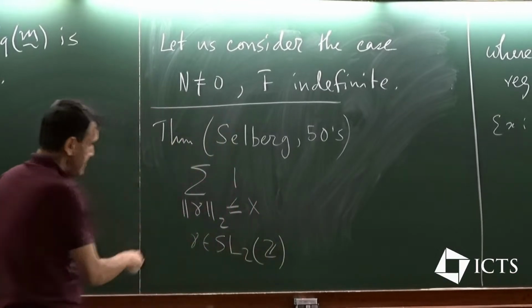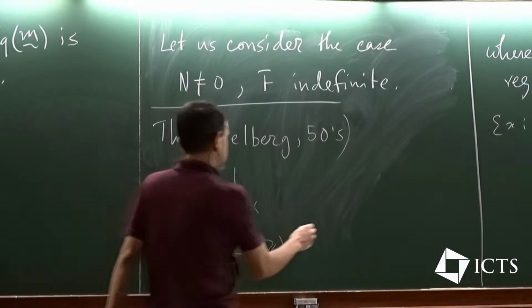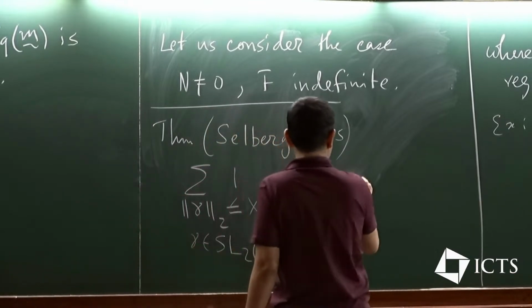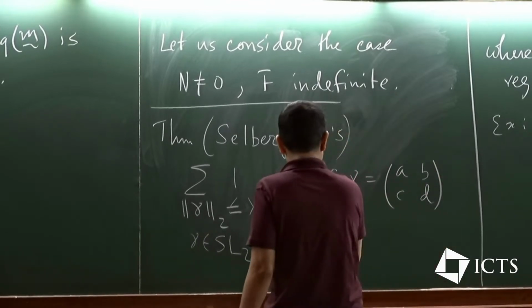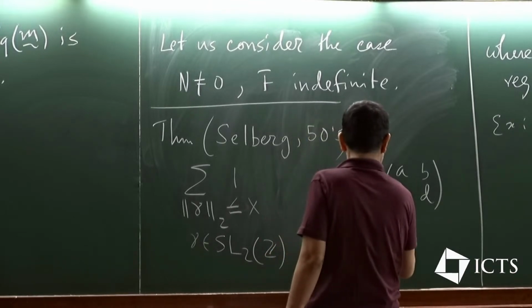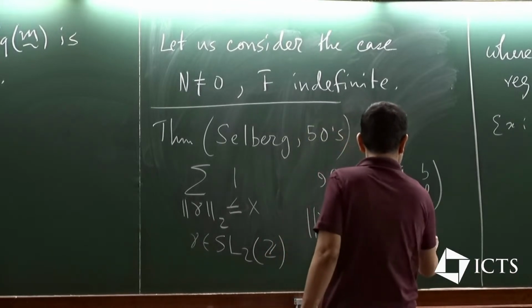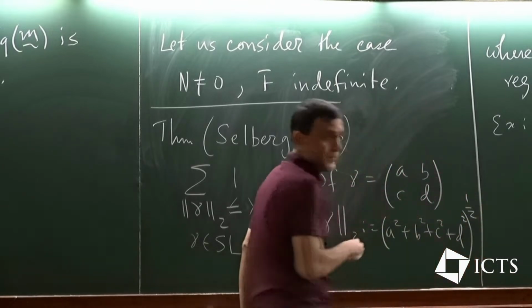So we are counting matrices whose L2 norm is up to X. So here, if gamma is (a b; c d), norm of gamma means the square root of a squared plus b squared plus c squared plus d squared.